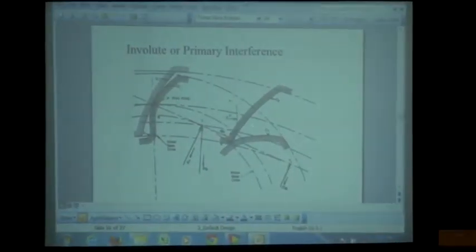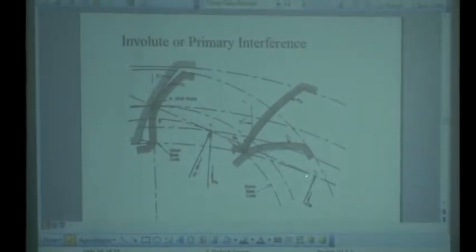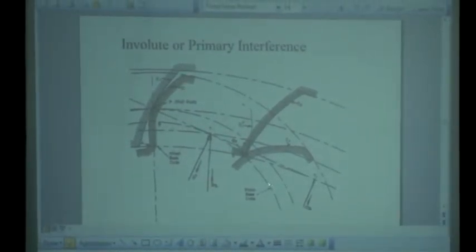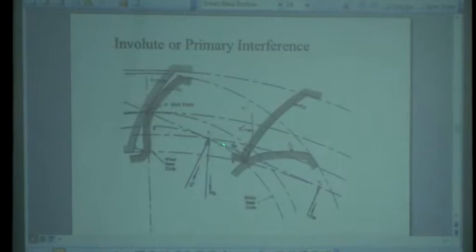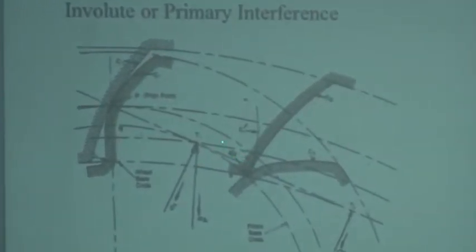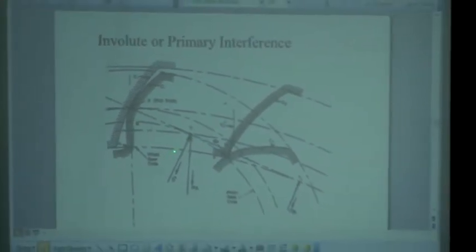As the gear rotates, the contact also moves along the line which is the common tangent to the two base circles. Now when it goes beyond this, for proper meshing, this will be the curve which is exactly opposite to the curve that is there on the gear. So you cannot extend the contact beyond this point.